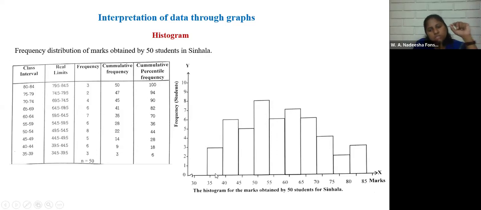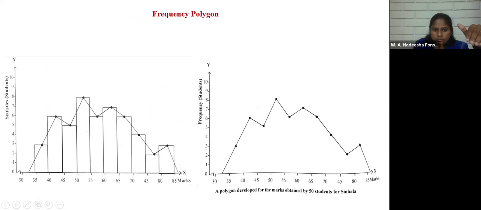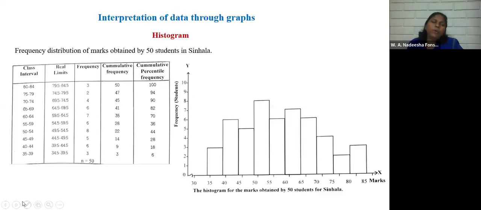Based on this histogram, I think this is all easy. Based on this histogram, we have to define the frequency polygon. You know polygon.